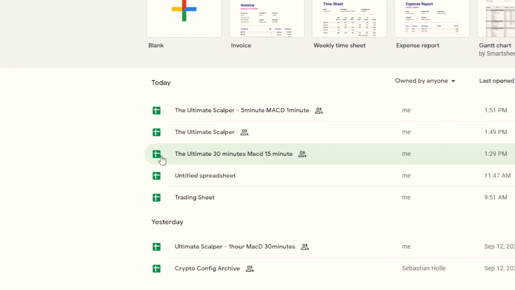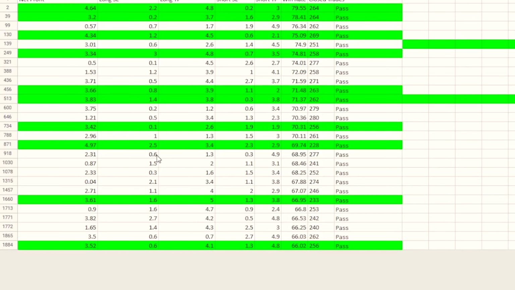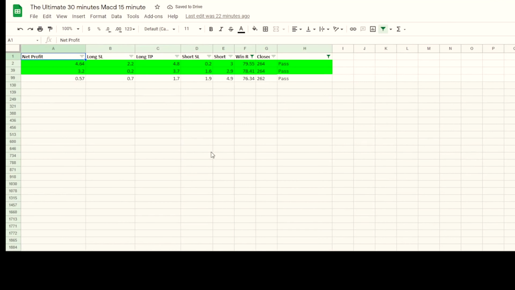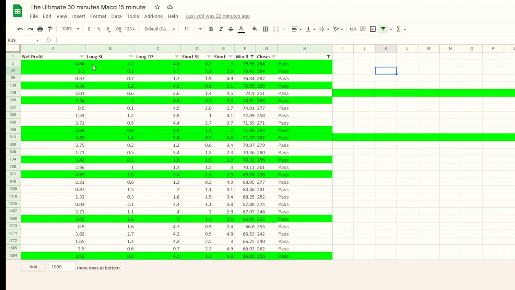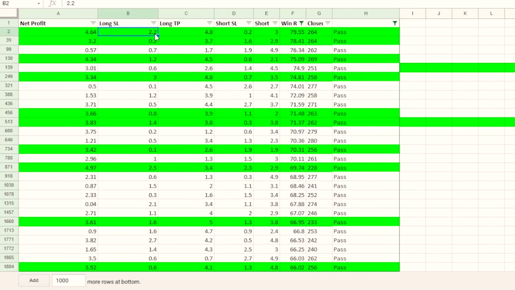Okay, and then we had this one here, which was the 30 to 15 minute, which gave us the absolute best results. We were looking for, like I said, a higher take profit than stop loss. Here we had a 2.2 stop loss to a 4.8 take profit on longs, a 0.2 stop loss to a 3 take profit on the shorts.